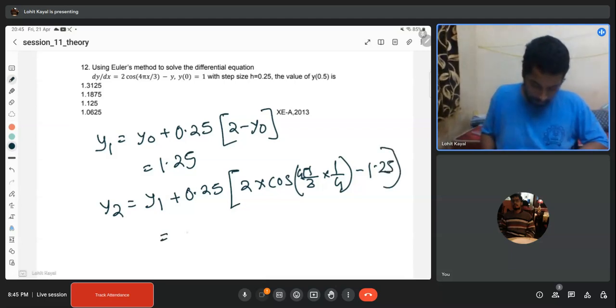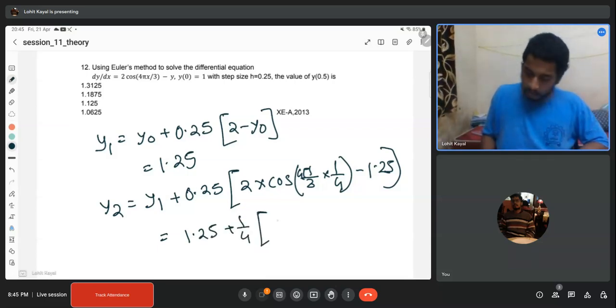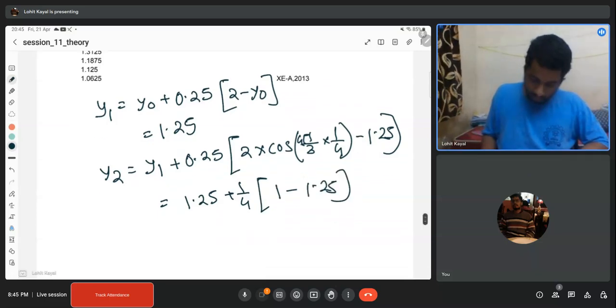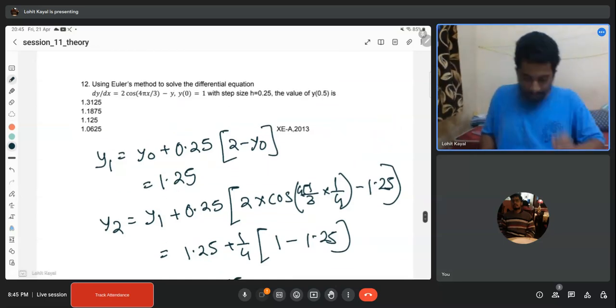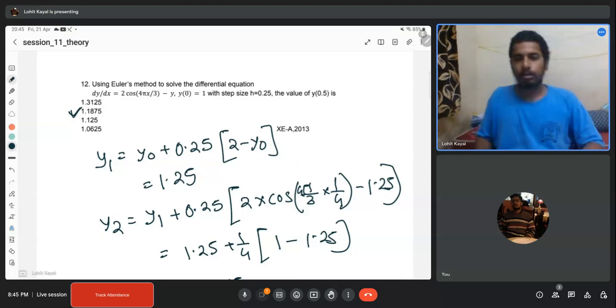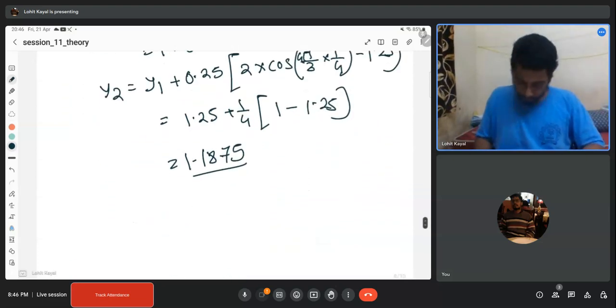So it will be 1.25 plus 1 by 4 times 2 cos pi by 3, which is 1, minus 1.25, and you will finally get the answer 1.1875. Very straightforward calculation, and this will be your correct answer.